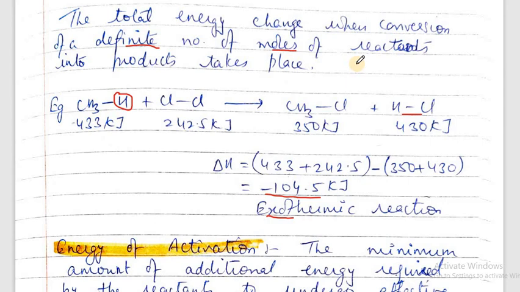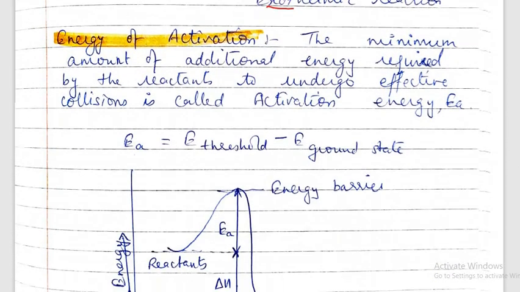When a reaction takes place, old bonds are broken and new bonds are formed, and in that process the energy changes from reactants to products. This is shown in an energy profile diagram, which we will also do in this topic. So next is energy of activation.